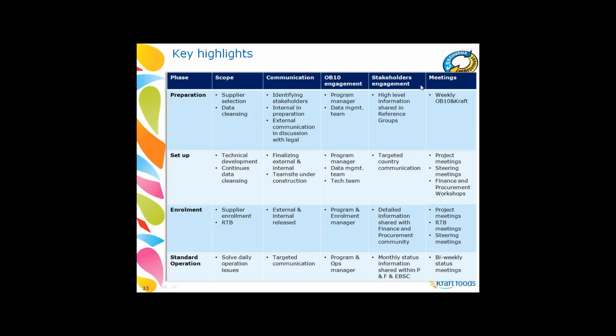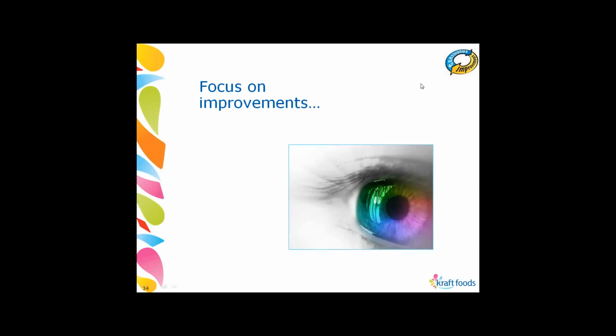And in ready to transact as well, we prepared targeted communication for those specific categories, informing suppliers what is important to process an invoice on time. We prepared the vendor manual that was shared with them as well, which was also posted on the OB10 portal, and so on.